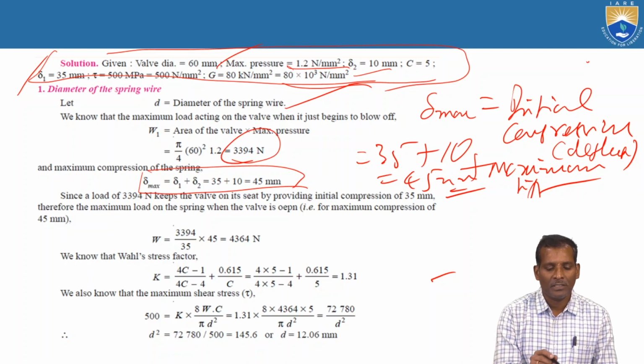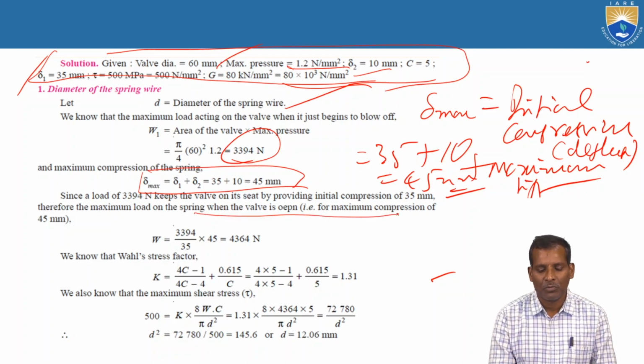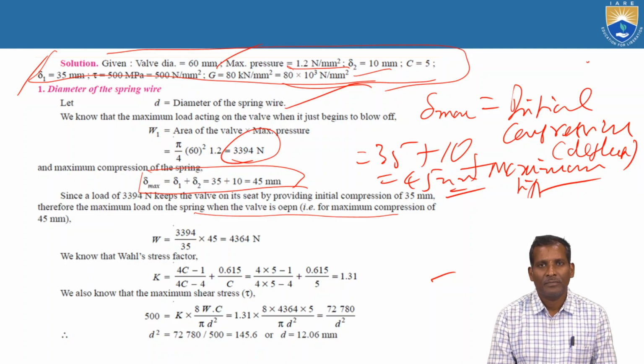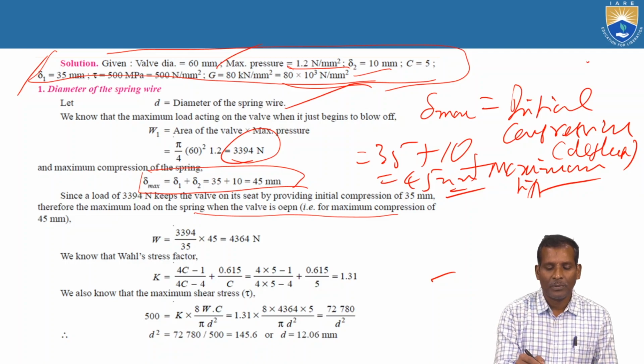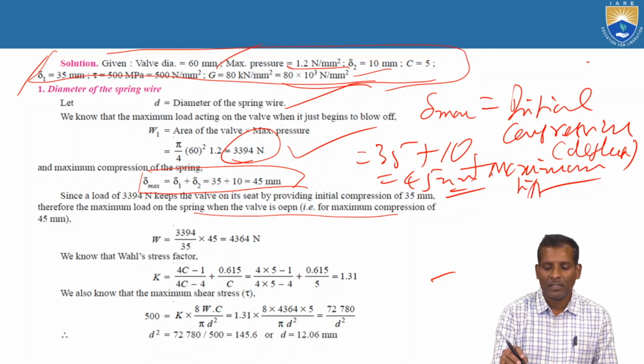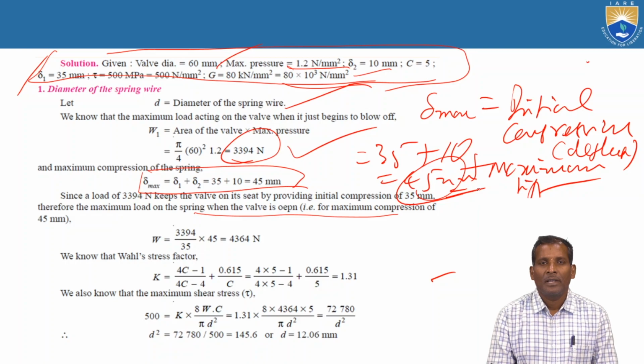Now the maximum load on the spring when the valve is open, that is, for maximum compression. What is the load? We need to calculate it. For 35 mm compression, we already calculated the load as 3394. For the maximum compression of the spring, which is 45 mm, 35 plus 10, what is the load?